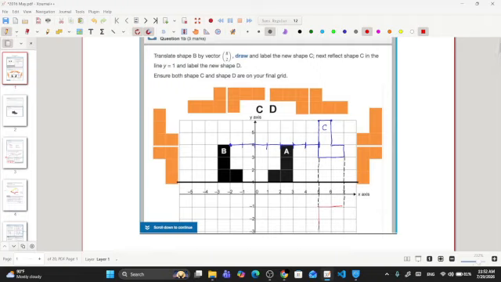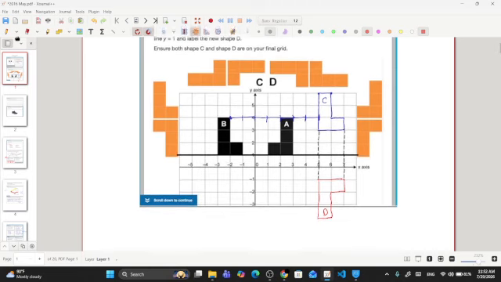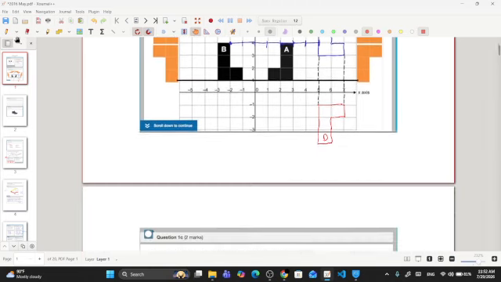One, 2, and it's going to go one value towards below, like this. Alright, so that's how shape D is going to be constructed.